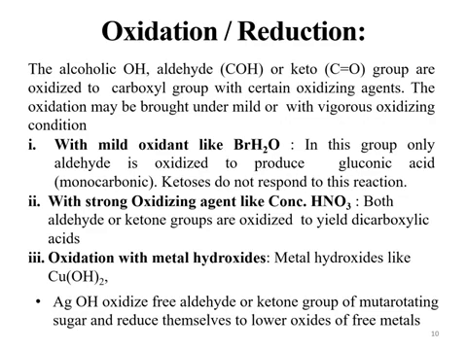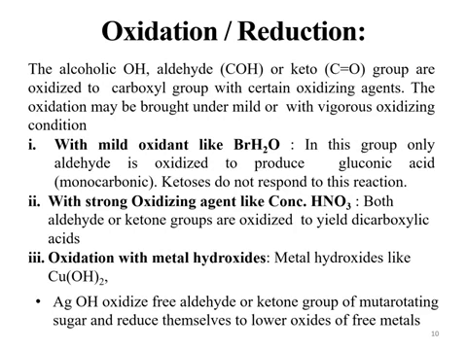When the alcohol, aldehyde or ketone groups present in carbohydrates are oxidized to carboxyl groups with certain oxidizing agents, the oxidation may occur under mild or vigorous oxidizing conditions. For example, the first condition is with a mild oxidant like bromine water.